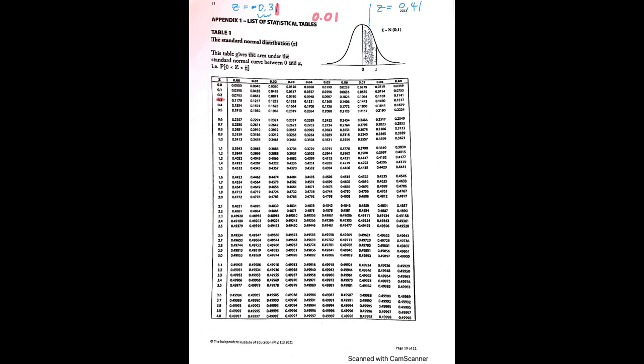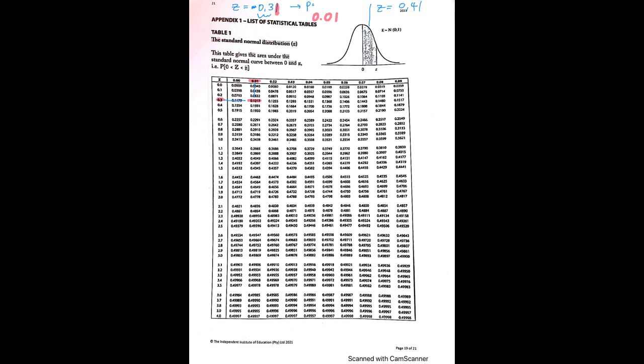Remember, in line with here and here, 0.1217 is the first one. I'm going to write that here. P is equal to 0.1217.